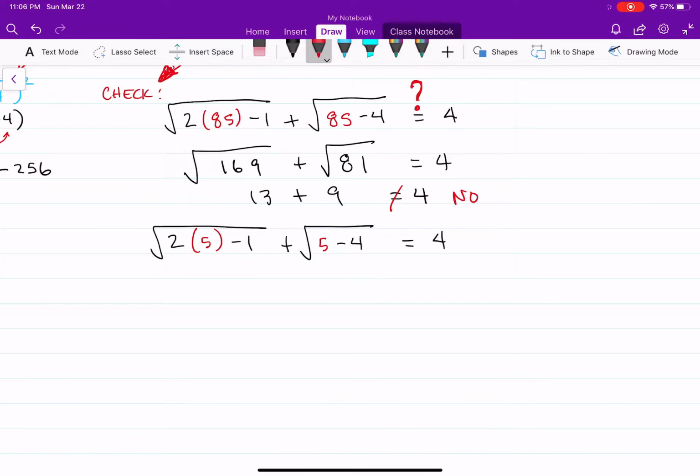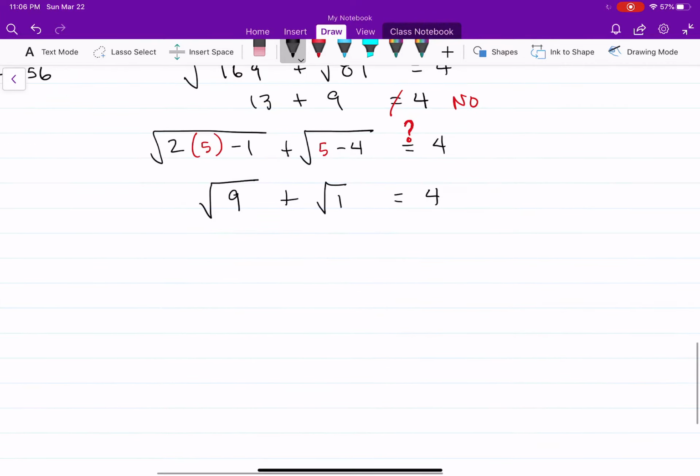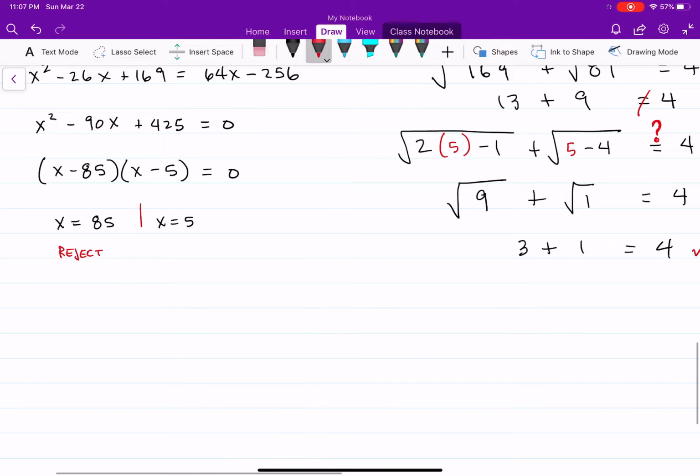Big old question mark. All right, let's see. So 2 times 5 is 10, minus 1 is 9, so square root of 9, plus 5 minus 4 is 1, the square root of 1, and see if that equals 4. So I have 3 plus 1, is that equal to 4? Yes, right? So therefore, this is the only answer I have.